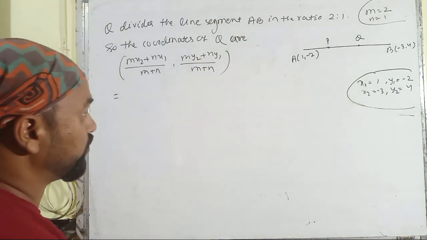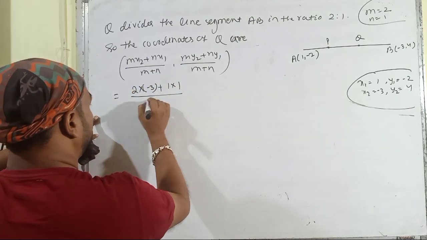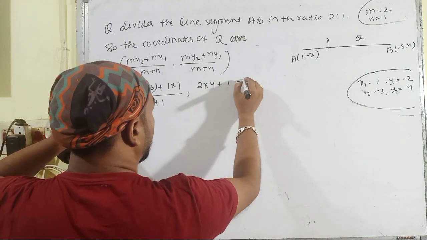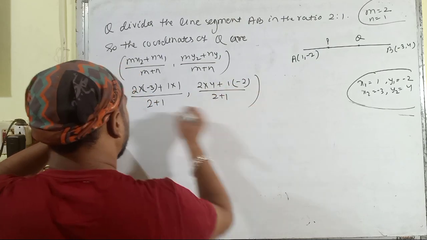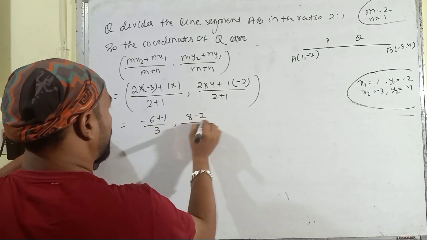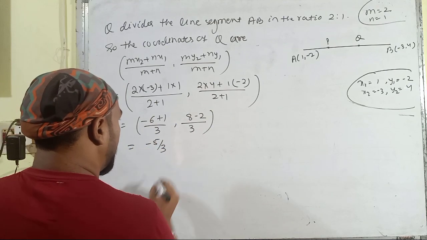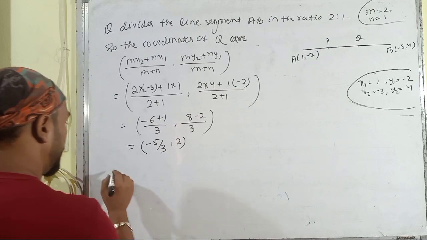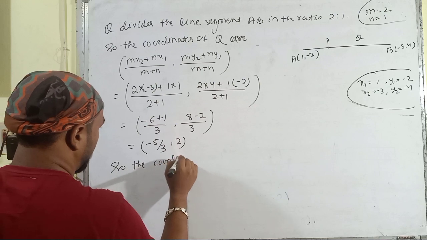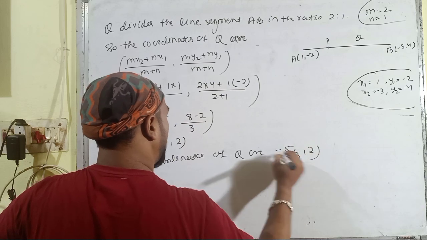You just have to put the values here. 2 multiplied with minus 3 plus 1 multiplied with 1 divided by 2 plus 1, 2 multiplied with 4 plus 1 multiplied with minus 2 divided by 2 plus 1. Minus 6 plus 1 divided by 3, 8 minus 2 divided by 3. So it is minus 5 by 3 and here it is 2. So the coordinates of Q are (minus 5 by 3, 2).